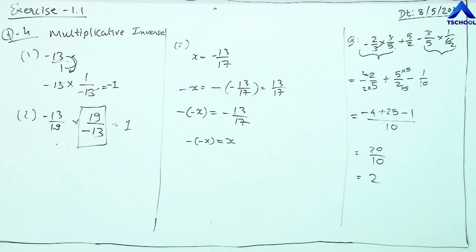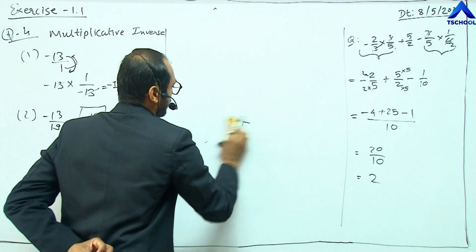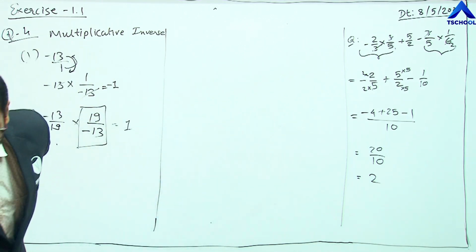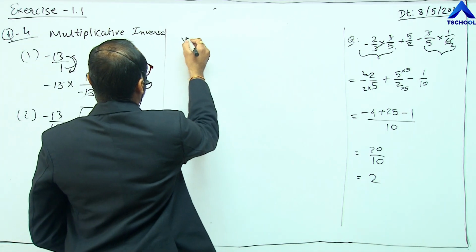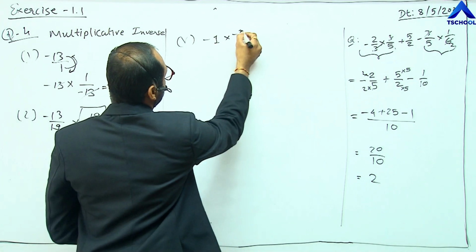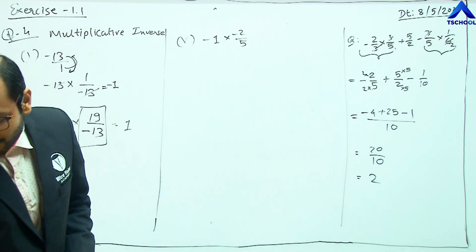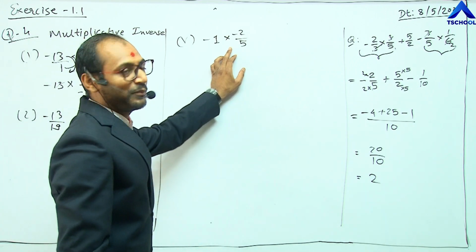Example number 5. Let me take the example. Minus 1 multiplied by minus 2 by 5. Now what is the reciprocal or multiplicative inverse of this number?